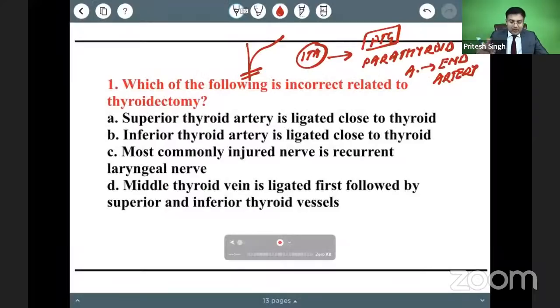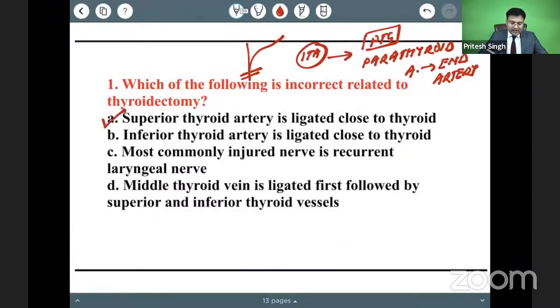So among the superior thyroid vessels, inferior thyroid vessels, and middle thyroid vein, you tell me which structure is ligated first. Tell me, Alia, Hem Singh, which structure. It is the middle thyroid vein, which is ligated first. Okay, so see the question again. Superior thyroid artery is ligated close to thyroid.